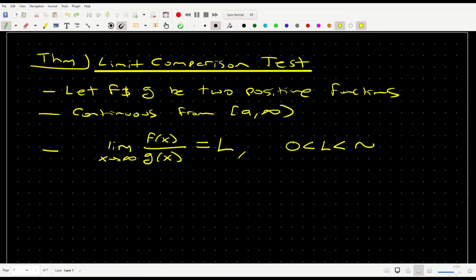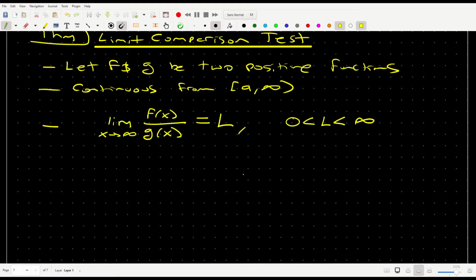So not equal to 0, not equal to infinity, but L is some finite non-zero real number. So if this is the case, if these three things are true, then we can state the following.